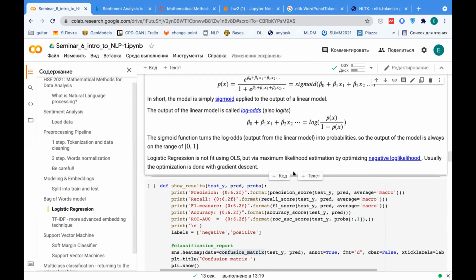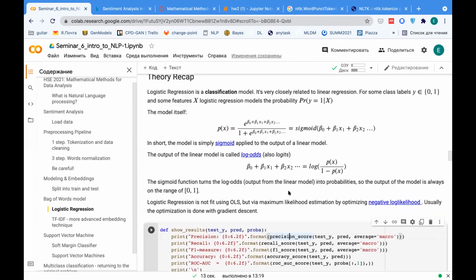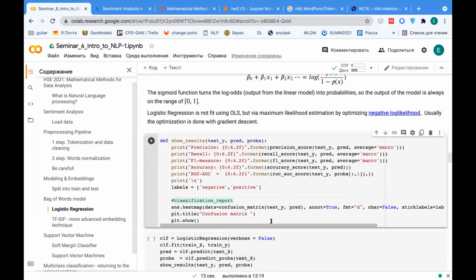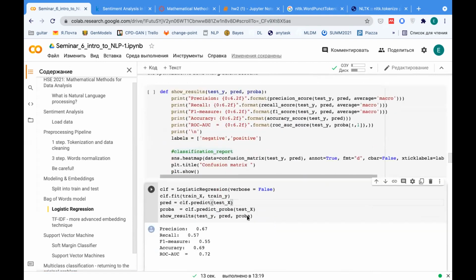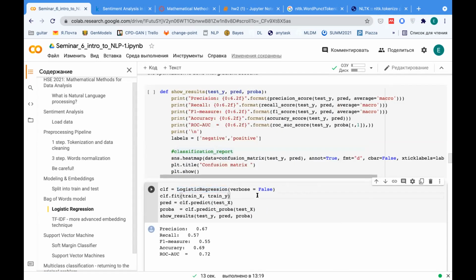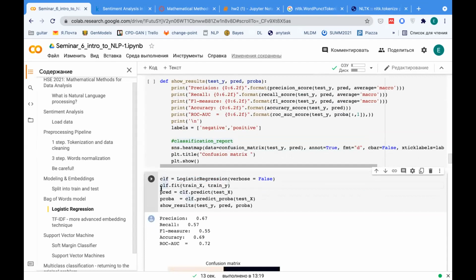We can also just remember that here we optimize negative log likelihood. But actually, we will just use the ready function, logistic regression from sklearn. So we will fit it, predict, and get some predictions.